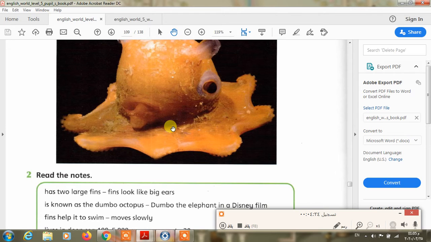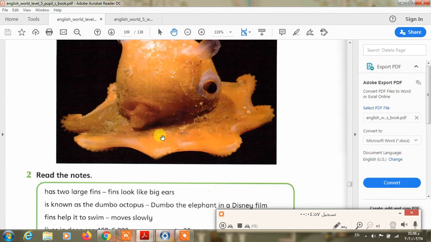It lives in the sea from 100 to 5,000 meters deep. Scientists have found it near deep sea chimneys. It can grow to 20 centimeters. It eats shellfish, snails, and worms. It can find this food near chimneys. It has a strong bite.